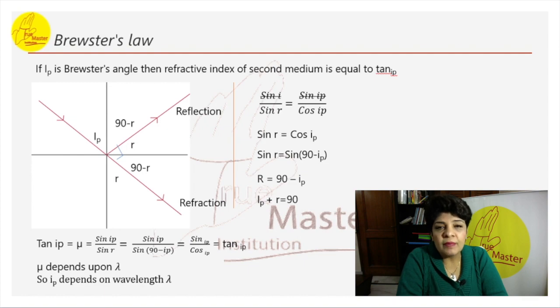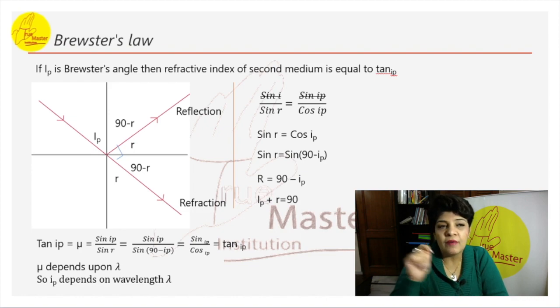It is denoted by IP. Now try to understand, I will be explaining the term polarized light, but just explaining a little. The light travels in all directions. That is called unpolarized light. But when it is polarized light, it moves only in one direction.